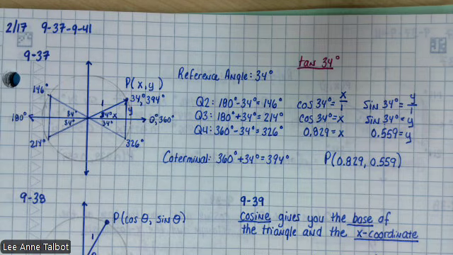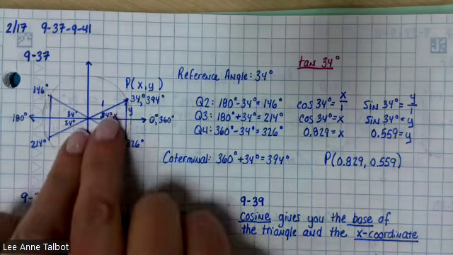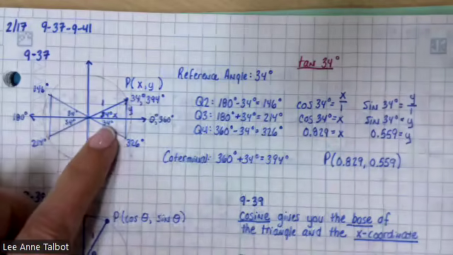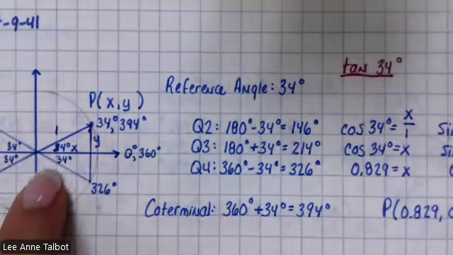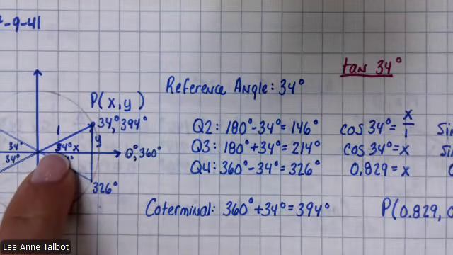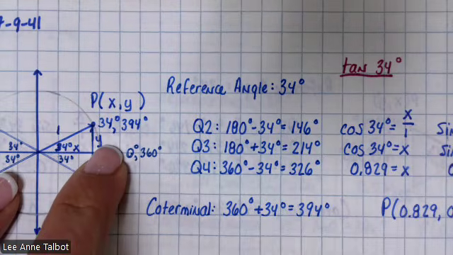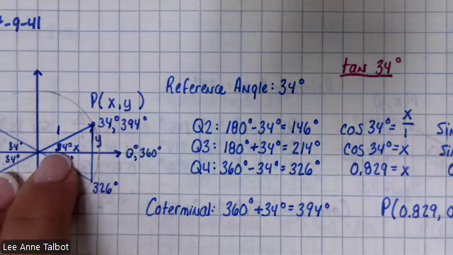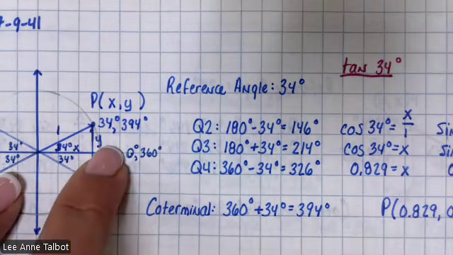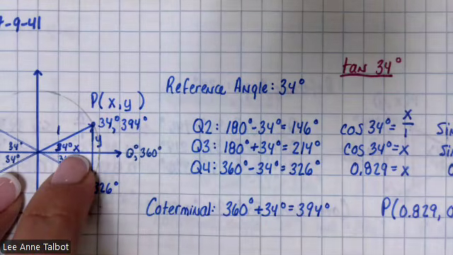Okay. So if I'm working on this triangle right here, which is teeny tiny, and I'm going to zoom in a lot so you can see it, if I'm looking at the 34-degree angle here, does it make sense to you guys that the opposite is y and the adjacent is x?